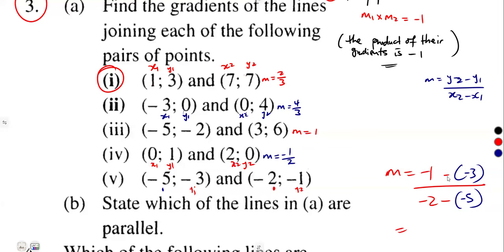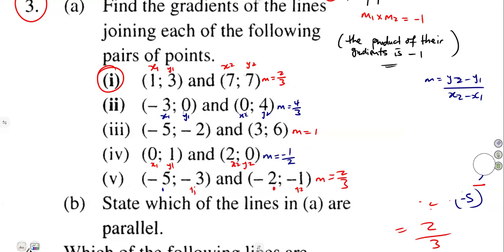Let's see: negative, negative, positive, positive. So minus 1 plus 3, which is 2, over minus 2 plus 5, which is 3. So that's 2 over 3. Okay, so we have these gradients.